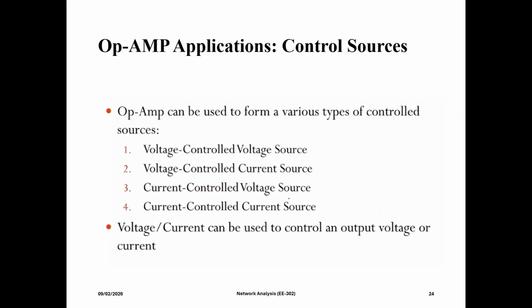Here the output voltage is controlled by an input current. And the fourth one is the current controlled current source. In this case, the output current is controlled by an input current, and this can be used in current amplification or mirroring circuits.